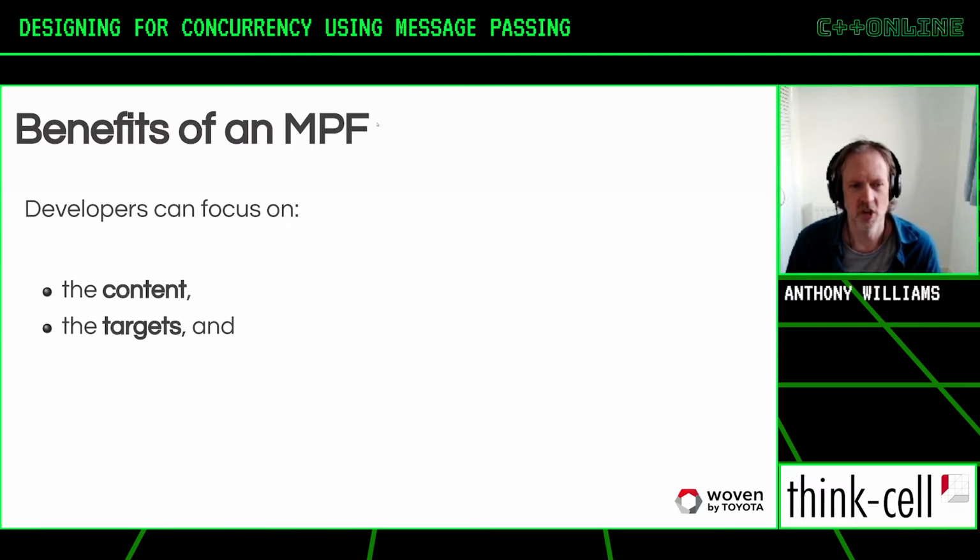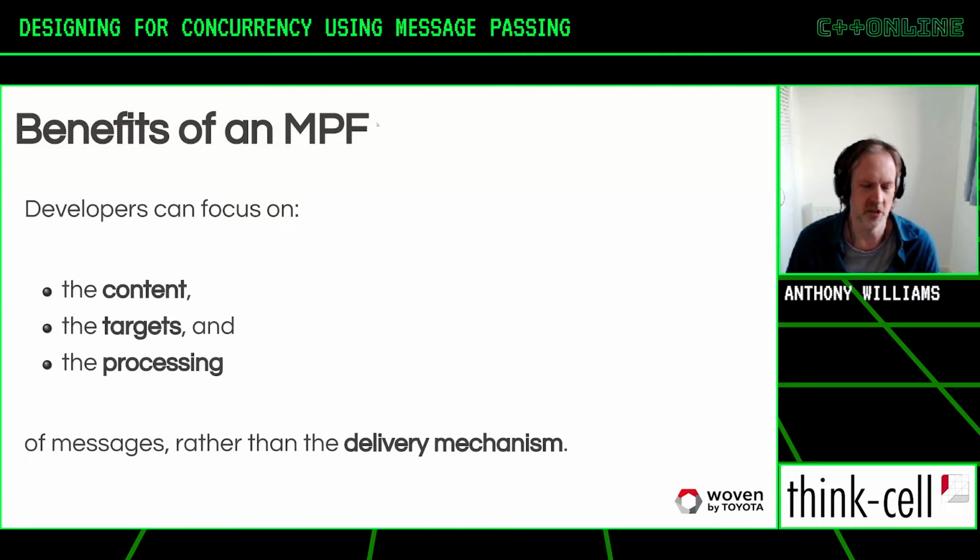And then, of course, you also want to think about what you do with the message when you receive it. So these are the big things that you want to think about as a developer. Fundamentally, you want the framework to take care of everything else. Next, the framework takes care of the delivery mechanism.